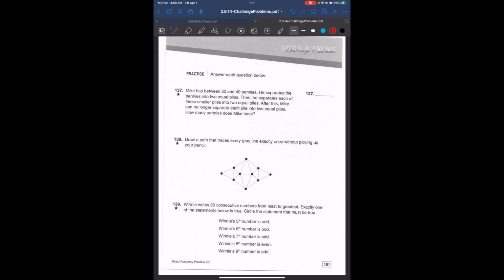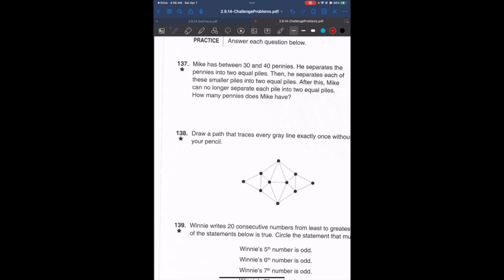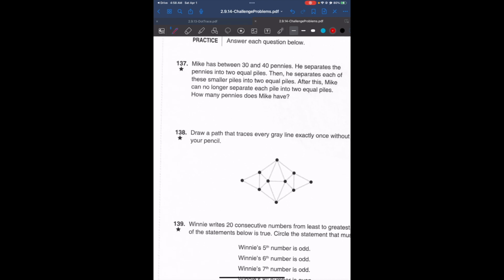So in this case, Mike splits the original pile of pennies into 2 equal piles, meaning that he split it into 2 equal piles, that can only be possible if the number was even. Because if it was odd, then one pile would have to have one more penny than the other.